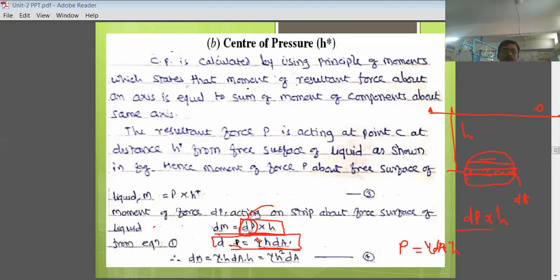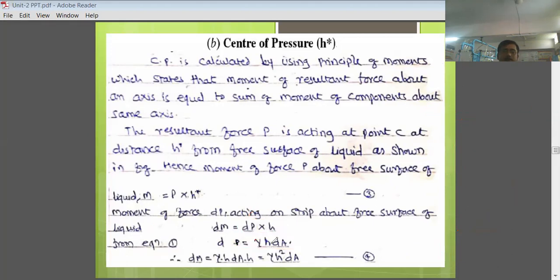So instead of dP, I can write gamma h dA, and already there is one h. So this h and this h will become square. So dM will be equal to gamma h square into dA, with gamma as it is. This is nothing but the moment of that small dP about the free liquid surface, right?